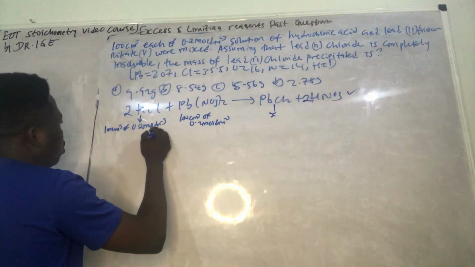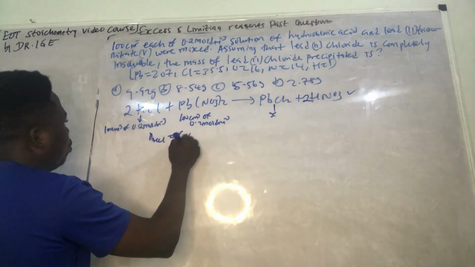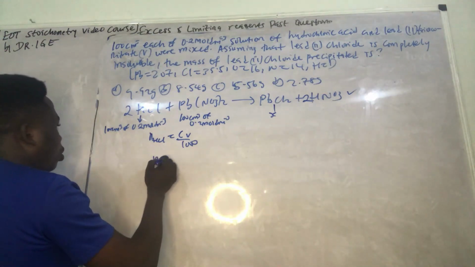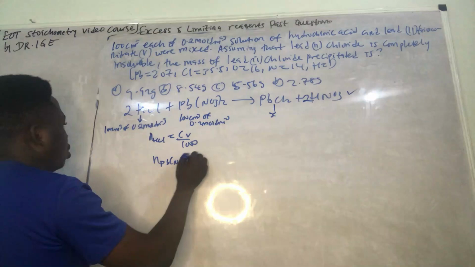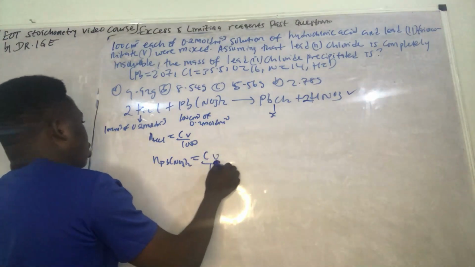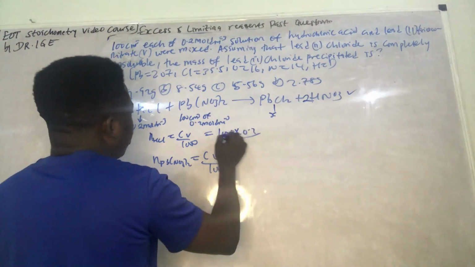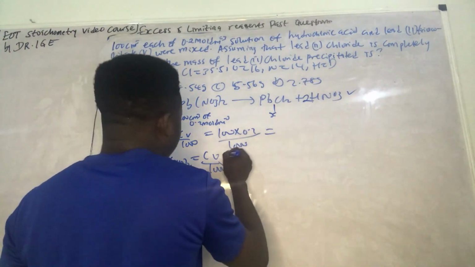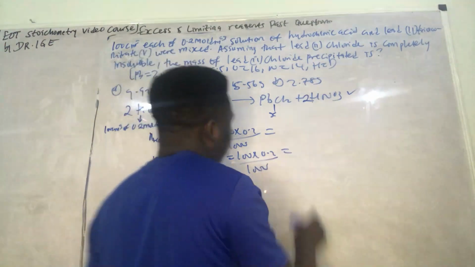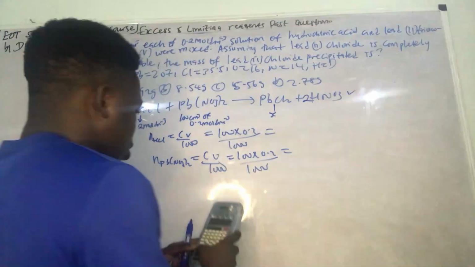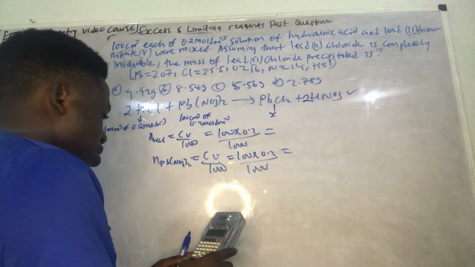For NaCl, the number of moles is CV over 1000. For Pb(NO3)2, lead nitrate, it is still CV over 1000. What is CV? 100 times 0.2 divided by 1000.